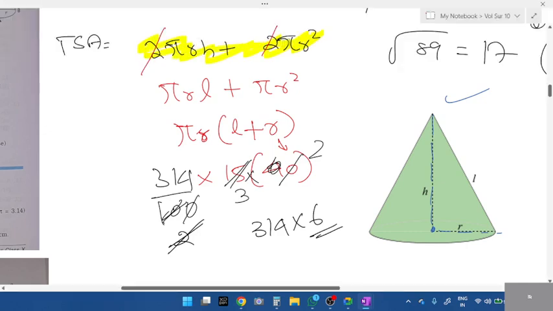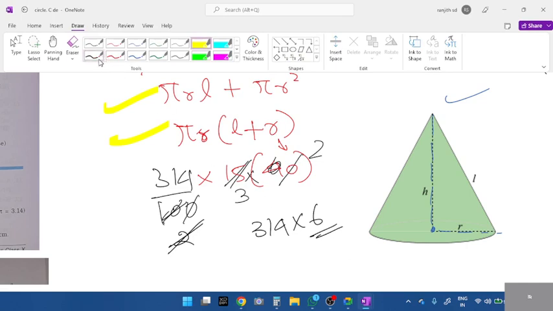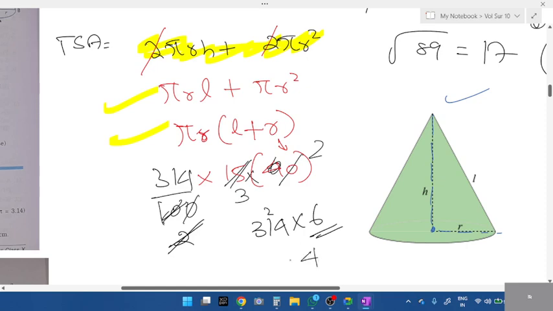Don't write the yellow one, write these two. 6 fours are 24, 6 ones are 6, 7, 8, 6 threes are 18. 1884 is the answer. All of you understood? 1884 centimeter square, students.